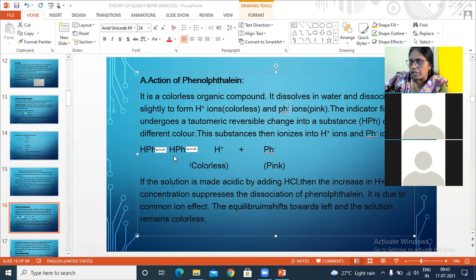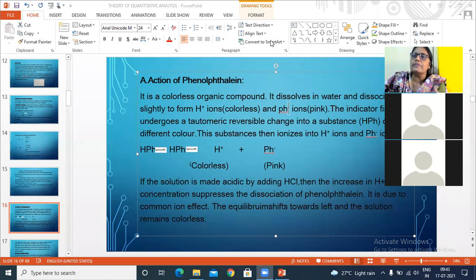It is the same thing we observed in Ostwald's theory. For HIn as an indicator, in place of HIn we think of HPh, where Ph is for phenolphthalein, H as H plus and Ph as Ph minus. So in acidic medium, the H plus ion concentration increases when it undergoes dissociation, because H plus and Ph minus are formed.